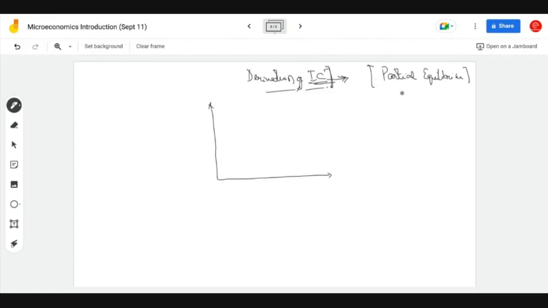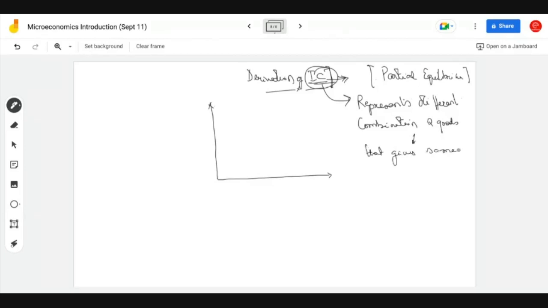Now, one of the limitations of the indifference curve is that it represents different combinations of two goods that give the same level of satisfaction.